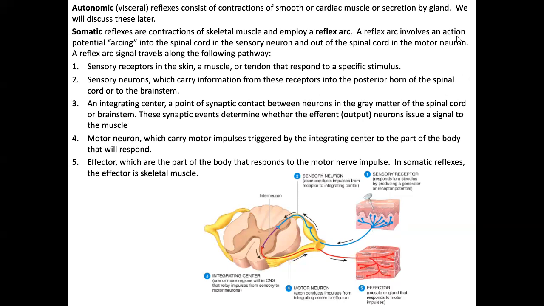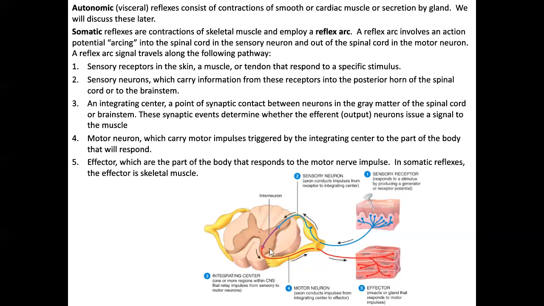Okay, integrating center in the case of a spinal reflex, which is what we show here, is going to be the point of synaptic contact between neurons in the gray matter of the spinal cord. If this was a picture of the brainstem, it could also be doing the integrating if that was a cranial reflex, but this happens to be a spinal reflex. Okay. These synaptic events determine whether the output or efferent neurons issue a signal to the muscle.